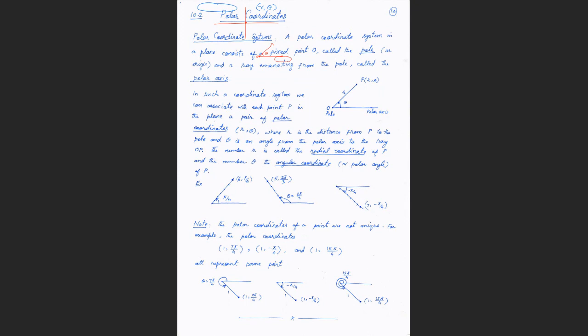Any point represents the polar coordinate, which is r and theta, where r is the radial coordinate and theta is the angular coordinate.